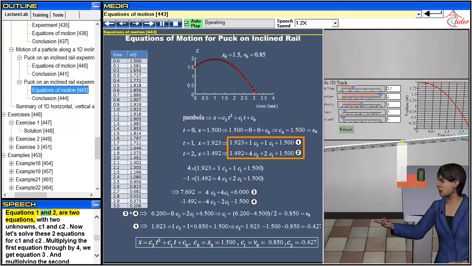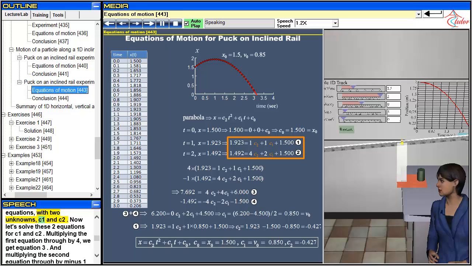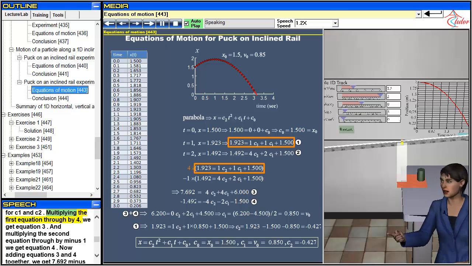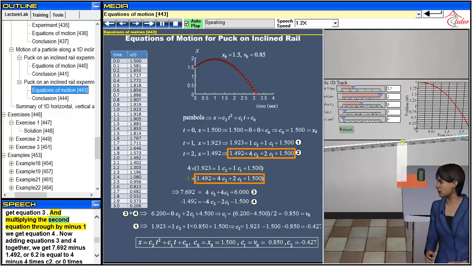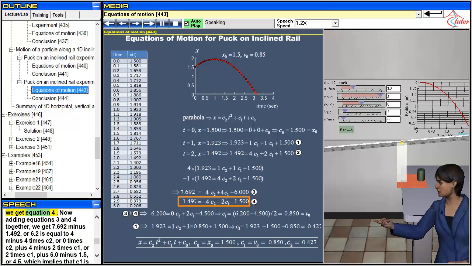Equations 1 and 2 are two equations with two unknowns, c1 and c2. Now let's solve these two equations for c1 and c2. Multiplying the first equation through by 4, we get equation 3. And multiplying the second equation through by -1, we get equation 4.